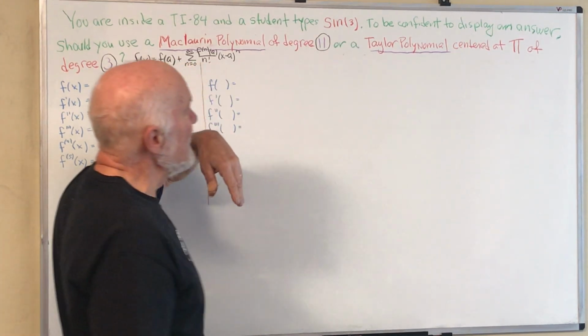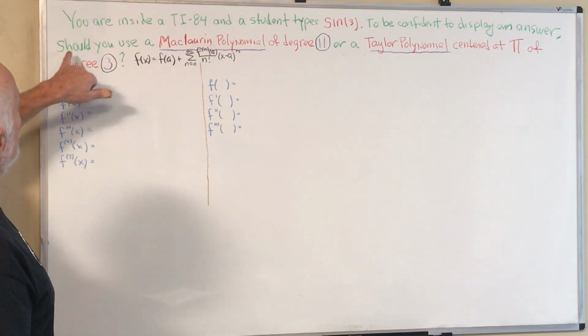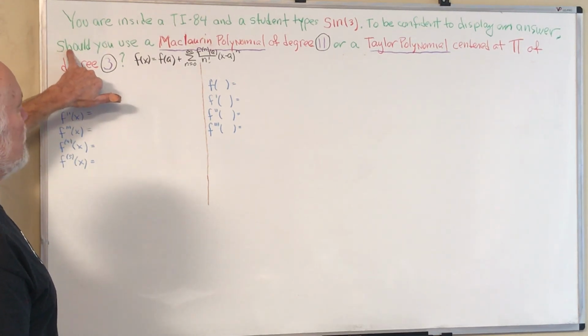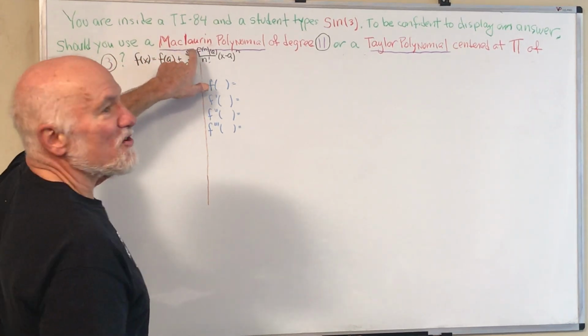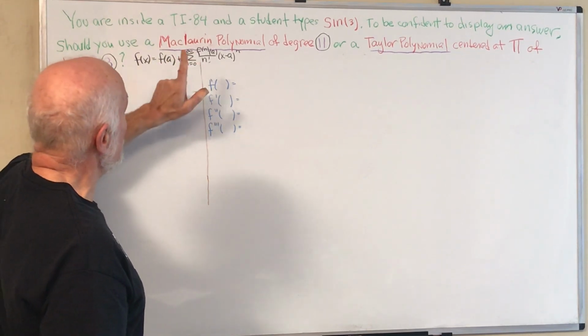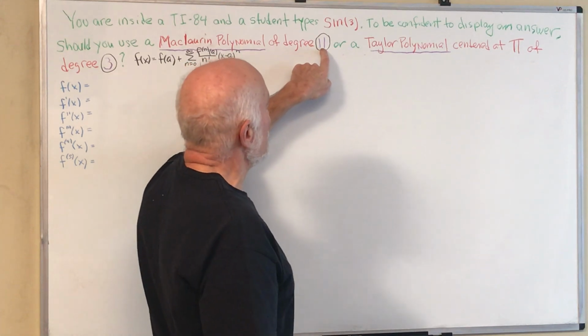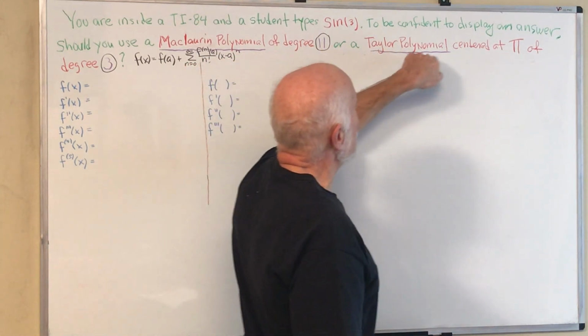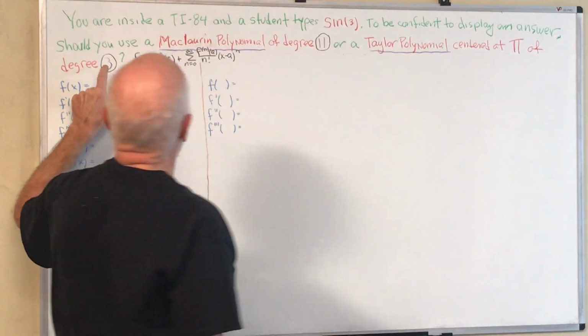And you have to be confident in the answer you display to the student. So the question is, should you use, oh, and here's a term I haven't said what it is yet, but I'll tell you really soon, a Maclaurin polynomial of degree 11 or a Taylor polynomial centered at pi of degree 3.